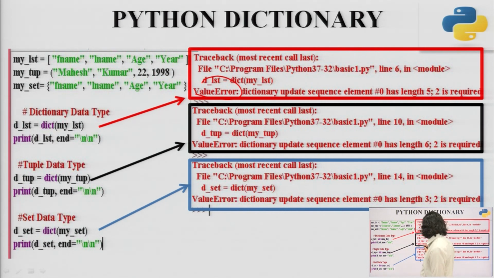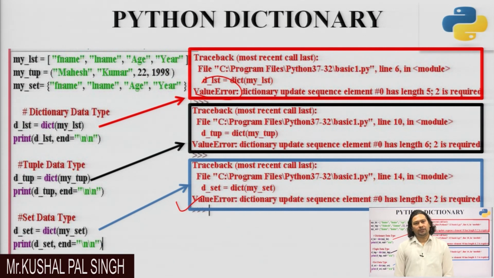Similarly, here you can see in the tuple again the same thing, and for the set data type again the same value error. That means you can convert the dictionary data type into the respective data types, but converting the list, tuple, set data types into the dictionary data type is a difficult, totally irreversible process, until and unless you use some different processes or special methods.